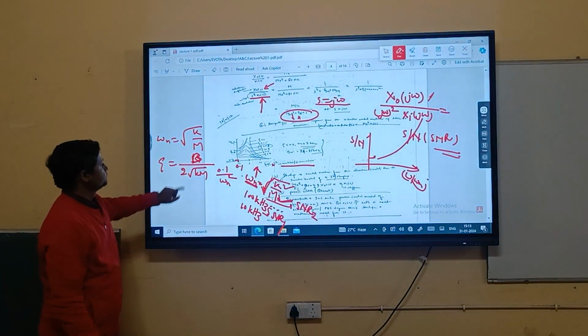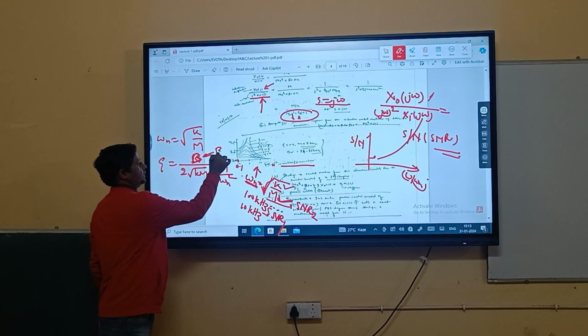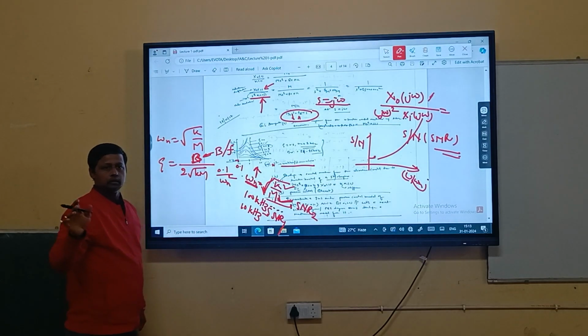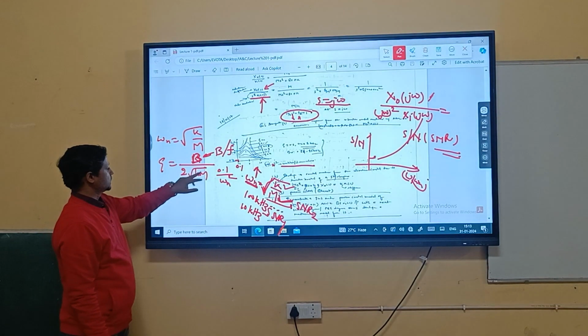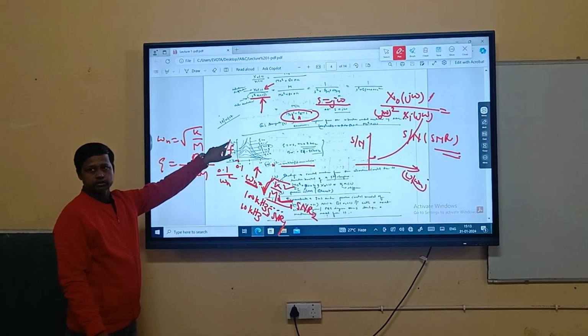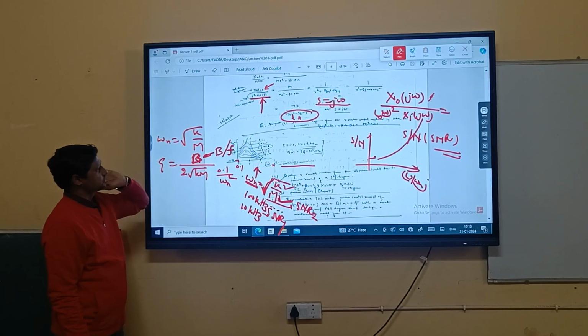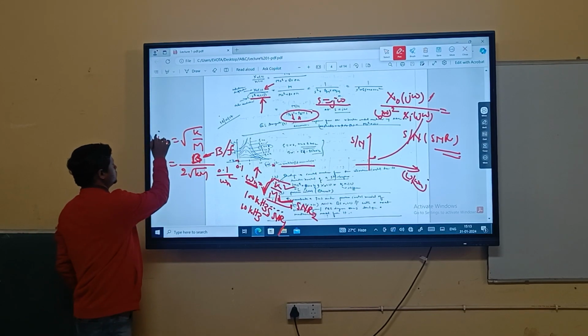That is your friction, or some of you also write it as small n, depending on your control system notation. Both are same. This one is not frequency. K is your stiffness, M is mass, this is friction. Right? So these two you know.